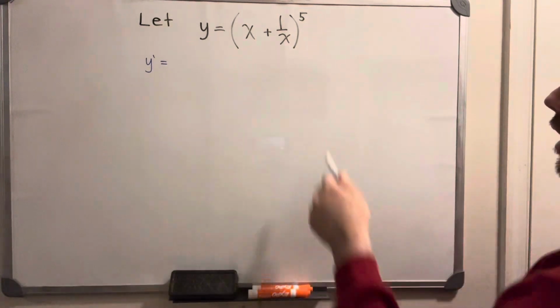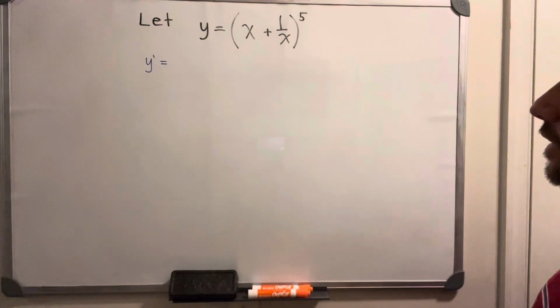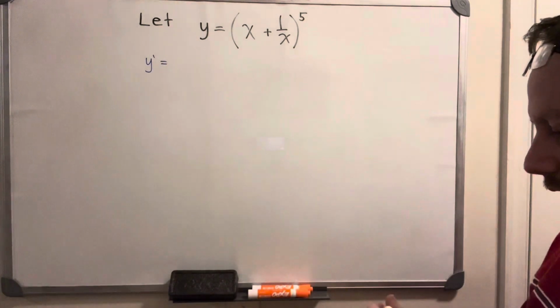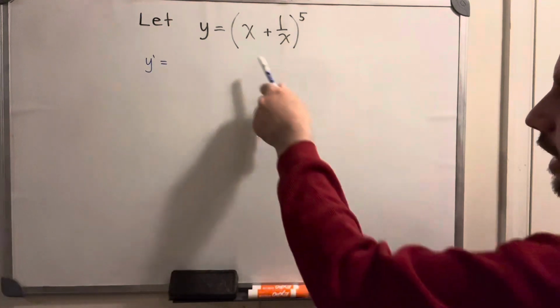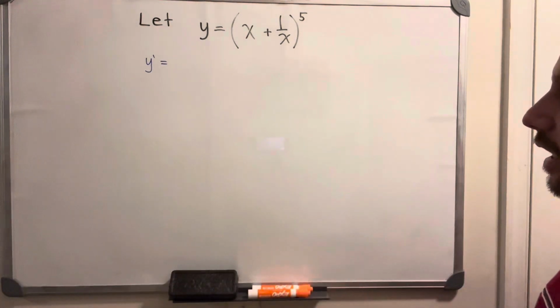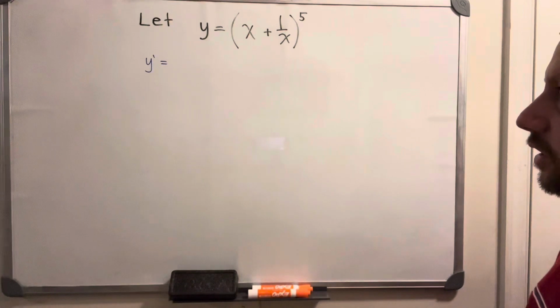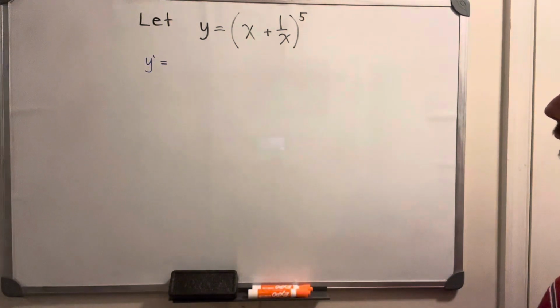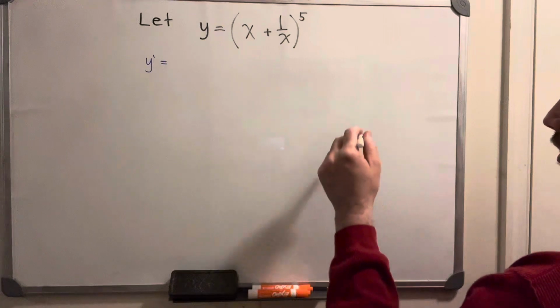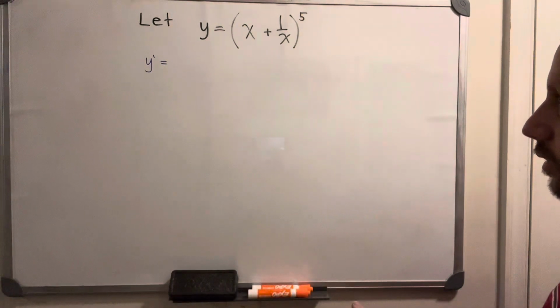And if we want to solve the derivative for this, we could use the binomial theorem and expand all of this, but once you've learned the chain rule, there's a simpler way to do it. We can consider part of this to be another function of some variable called u.